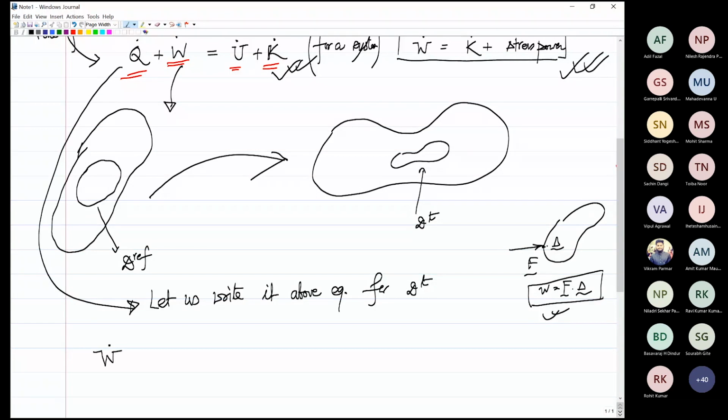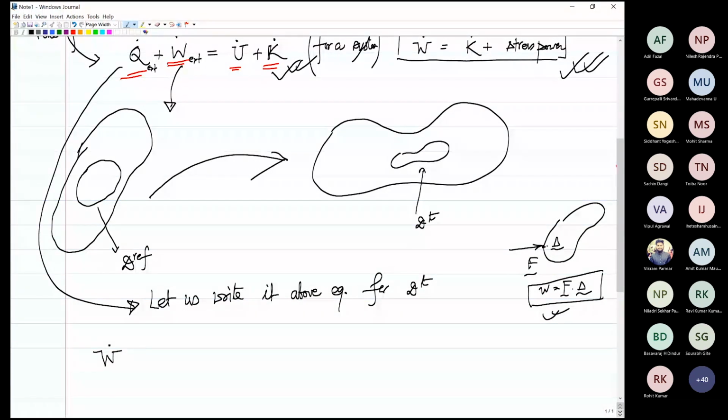I can also put a subscript here: external, external. So the heat supplied and the work done from the external environment to the body is equal to the rate of change of internal energy of the body plus the rate of change of kinetic energy of the body.